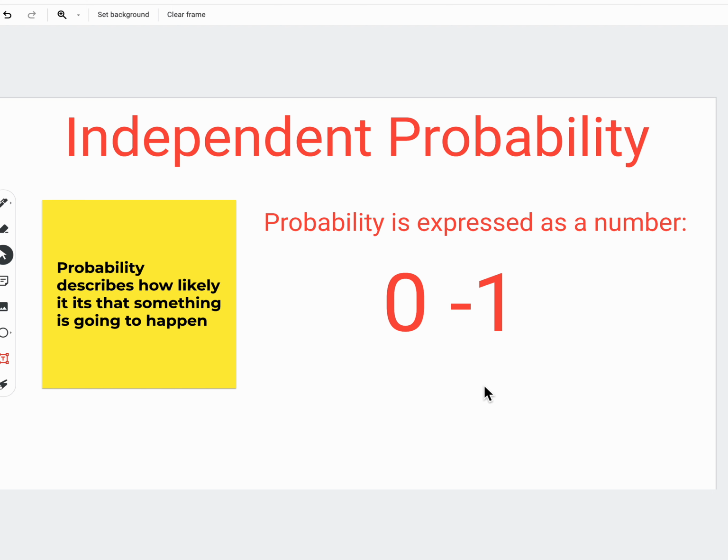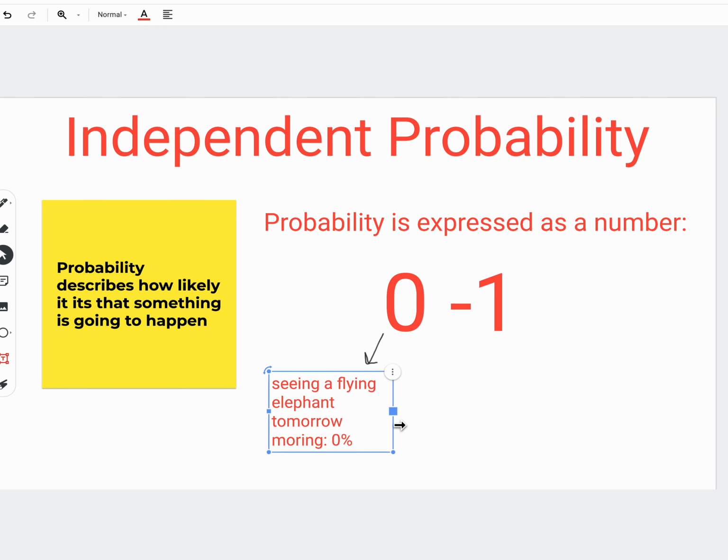With 0 meaning that there is 0% chance it will happen, and 1 meaning it is 100% likely to occur. For example, a 0 would be the chance of seeing a flying elephant tomorrow morning. The probability of this occurring will be 0%.